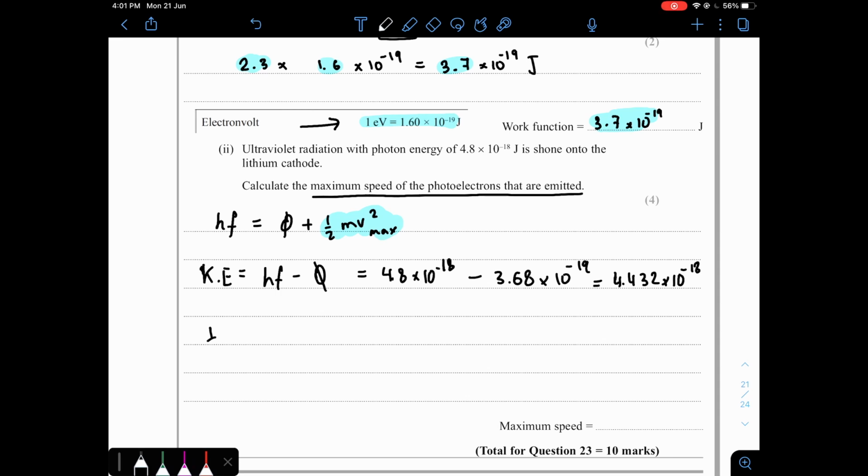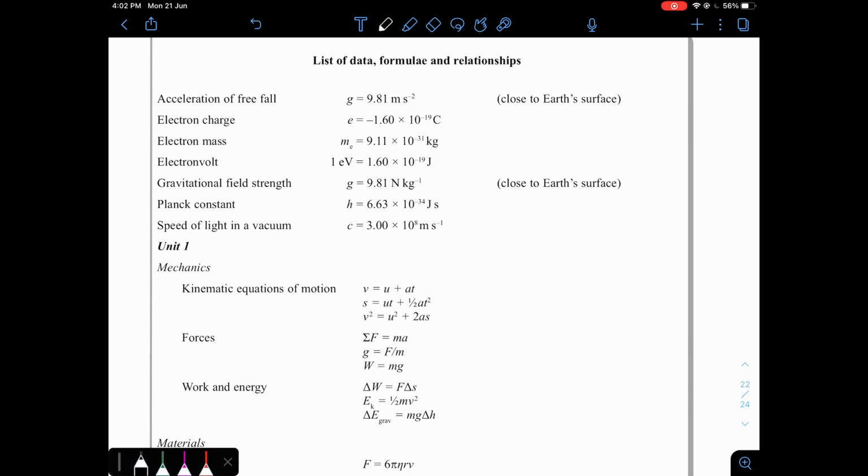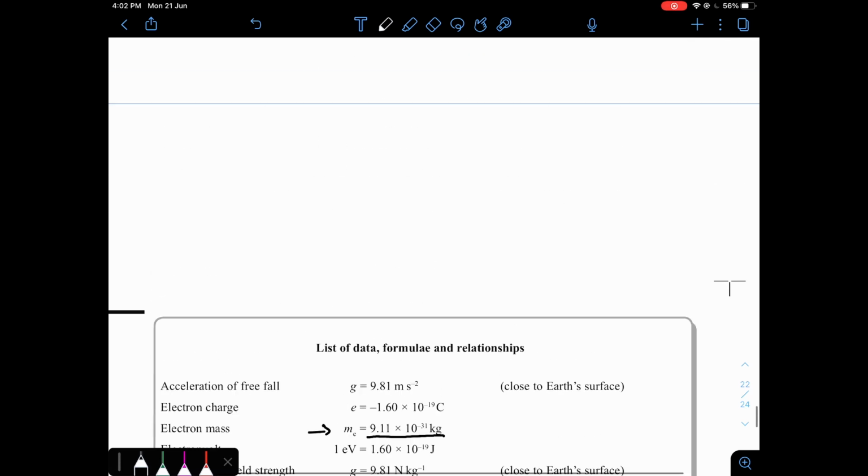We know that it's half mv squared equals 4.432 times 10 to the power of negative 18. So v squared will be 2 times 4.432 times 10 to the power of minus 18, divided by the mass. If you go down here, you can see the mass of an electron is 9.11 times 10 to the power of minus 31.